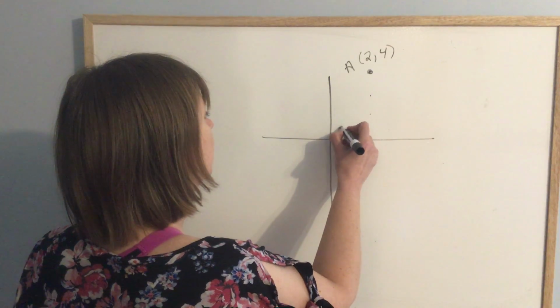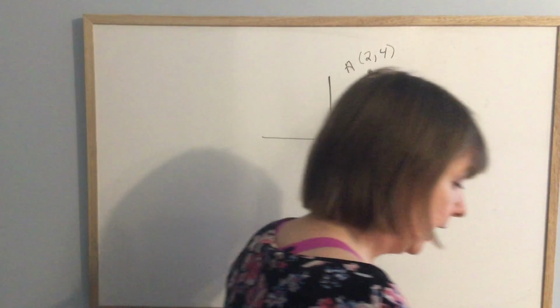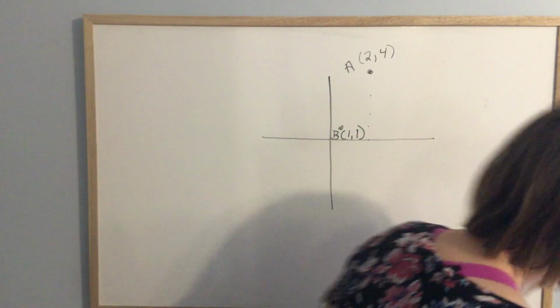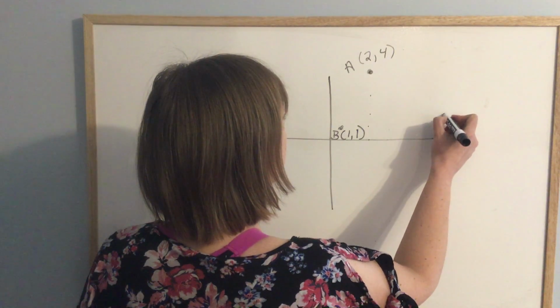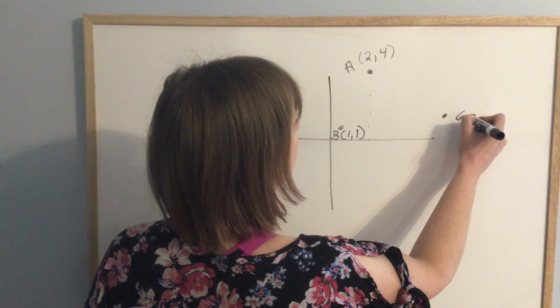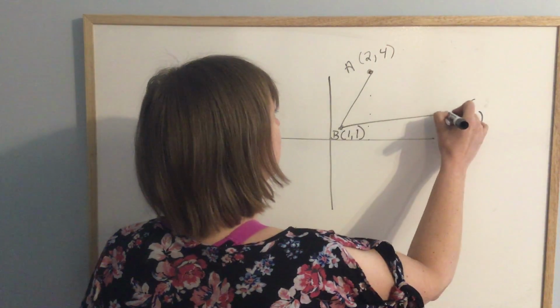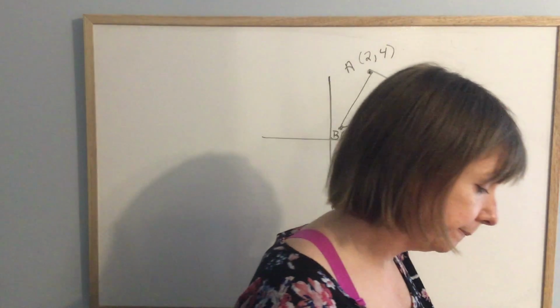Point B is at (1, 1). And point C is at (6, 2). So 2, 3, 4, 5, 6, and up 2. And that's point C. So there's the triangle. You must connect the dots to make the triangle; that has to be there.